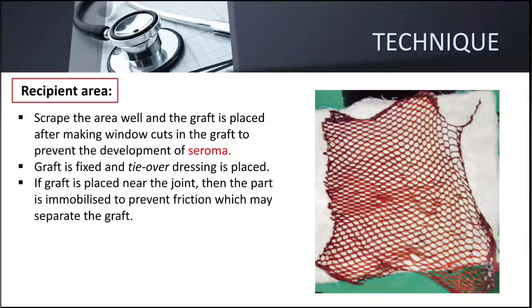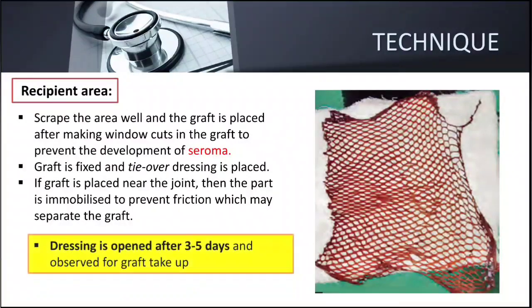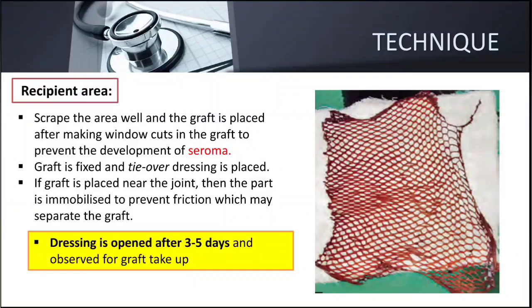This is the mesh I was talking about. And the recipient area, when do we open this? After 3 to 5 days. And in this case, what are you looking for? You are observing for the graft take up.